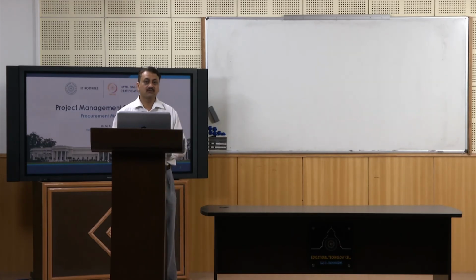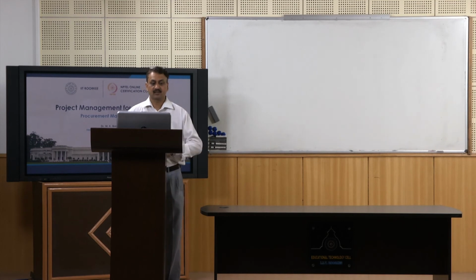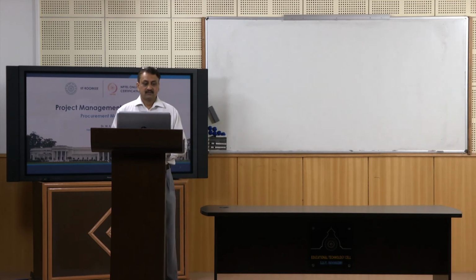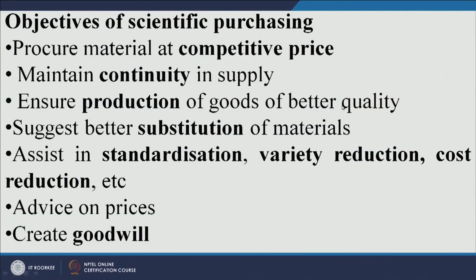We will not go into detail, but just in time is a waste minimization technique, and for that you need to have close relationship with few suppliers. Then ensure production of goods and goods of better quality. These are a couple of points you should keep in mind whenever you are going for purchasing.